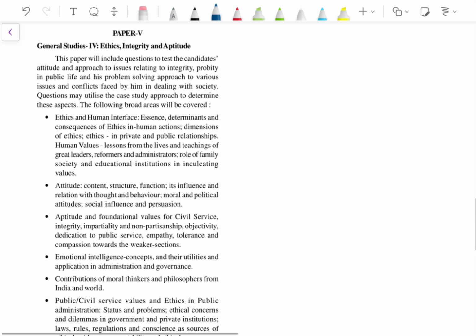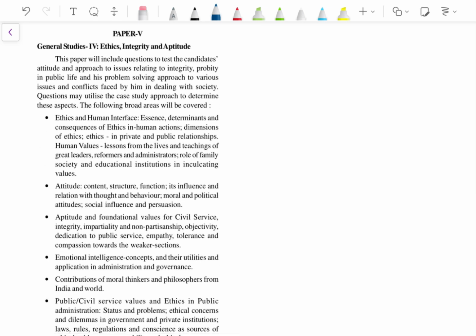In every class, I will be taking you through the syllabus and we will discuss everything from the syllabus. In the first class, the syllabus topic is ethics and human interface: essence, determination, and consequences of ethics in human actions. In fact, in this class, we won't be discussing this.